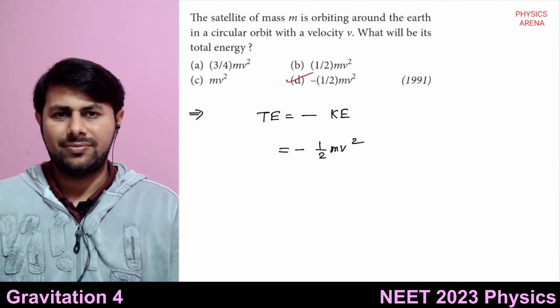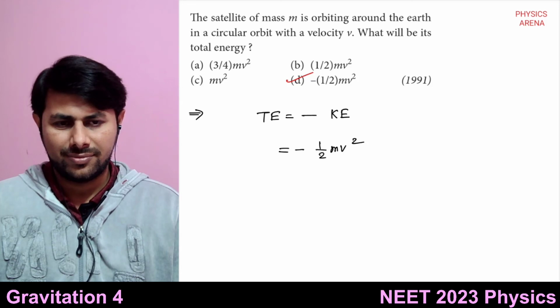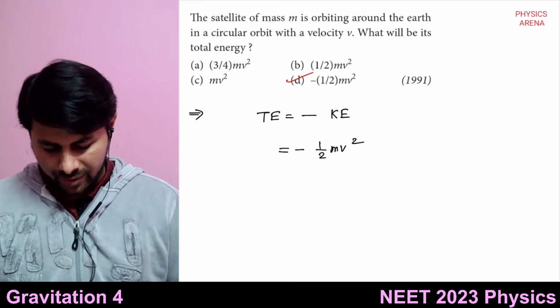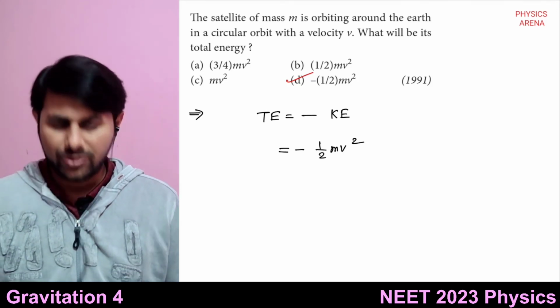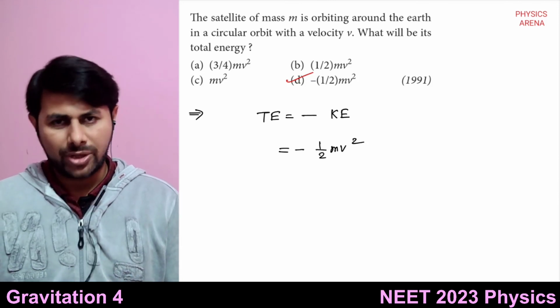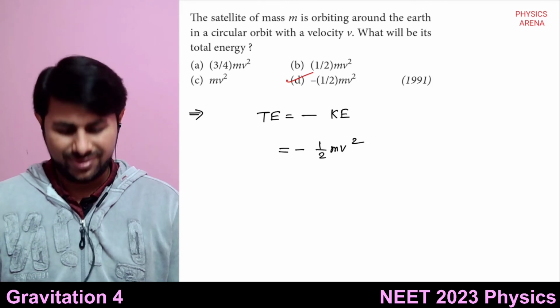Option D. Okay, so this is simple. Now we have to memorize these things. What is the relation between total energy, potential energy, kinetic energy, and binding energy?